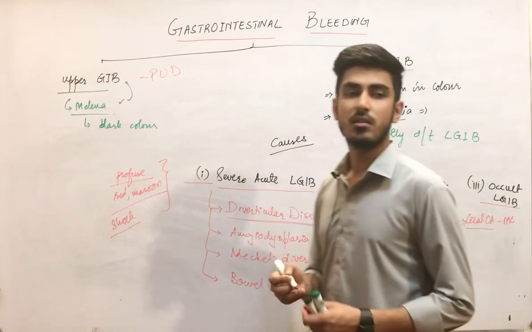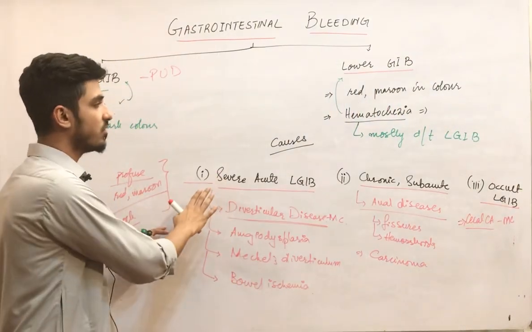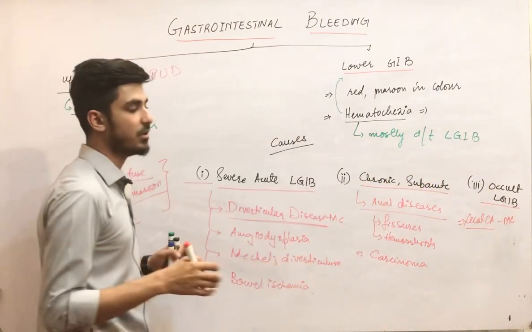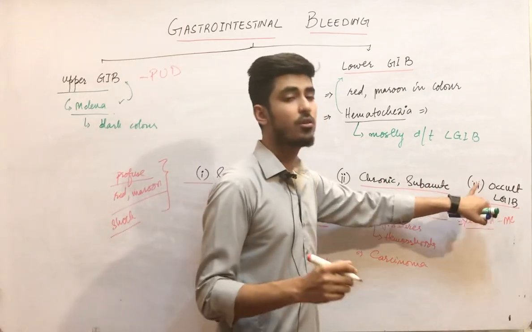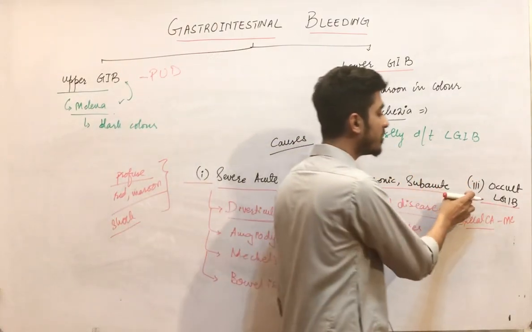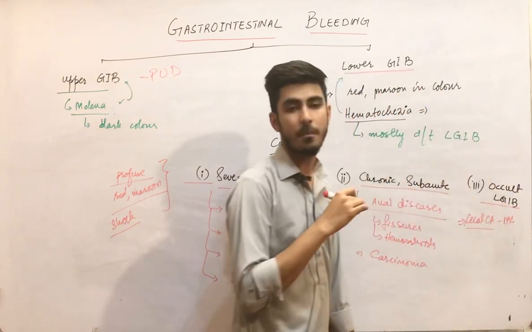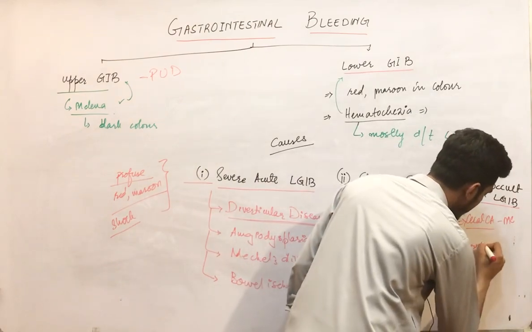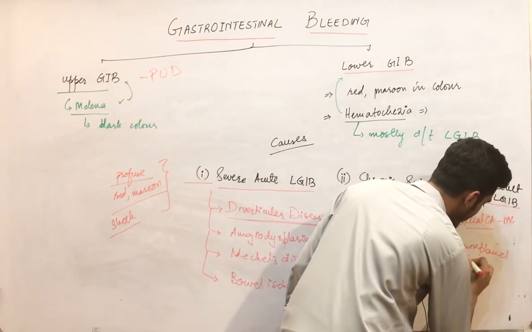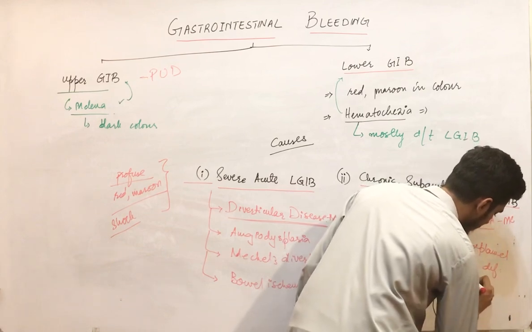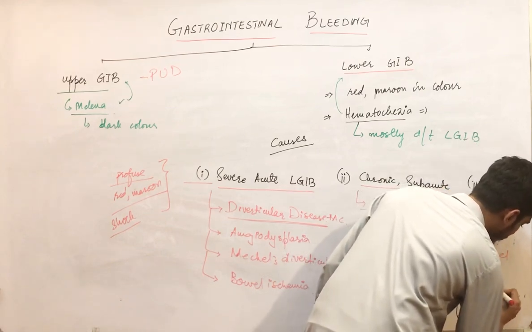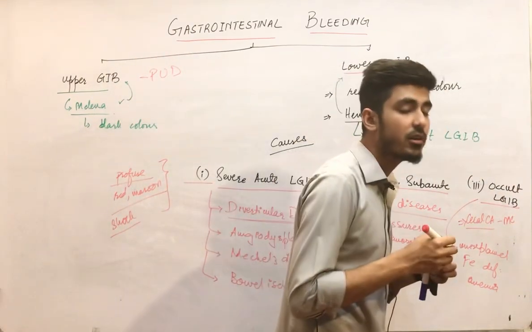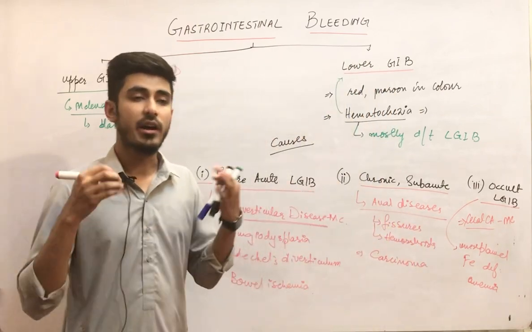Clear? So these are your causes of lower GI bleeding: severe acute, chronic subacute, and occult GI bleeding. Now one thing more I have to tell you about occult lower GI bleeding: how the patient will present to you and how you will diagnose it. Basically there would be unexplained iron deficiency anemia. It means you have ruled out all the causes of iron deficiency anemia, but still the patient is complaining of symptoms of iron deficiency.